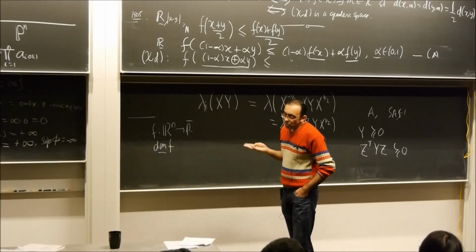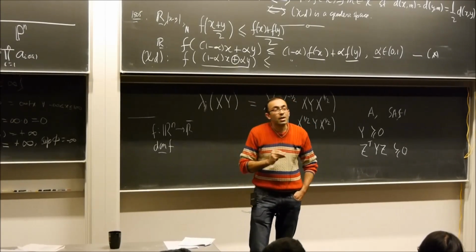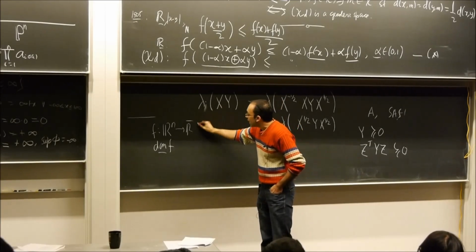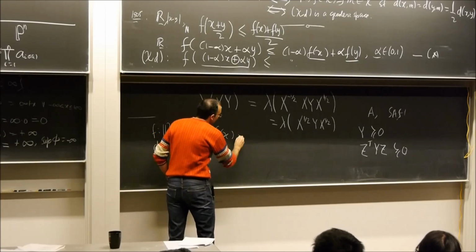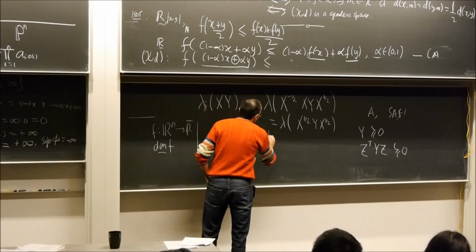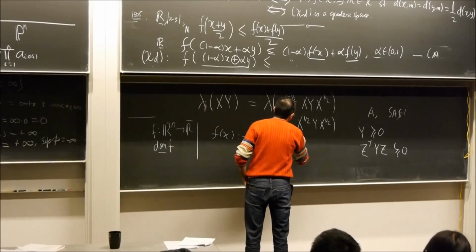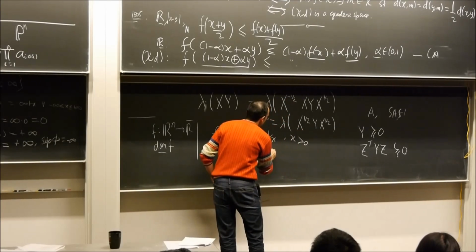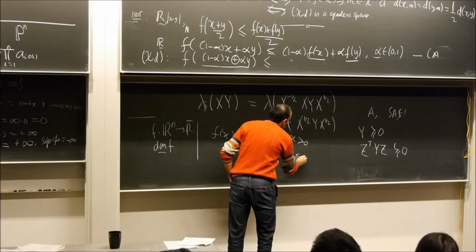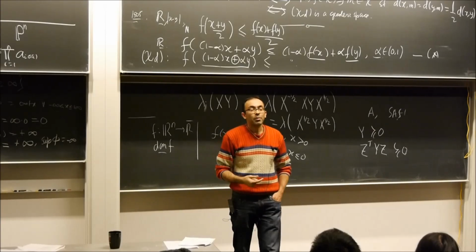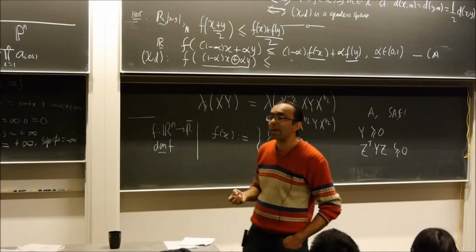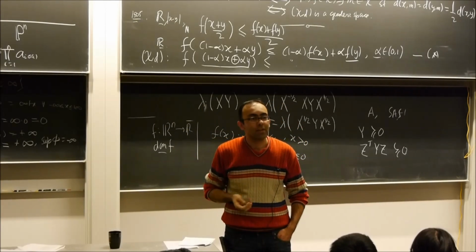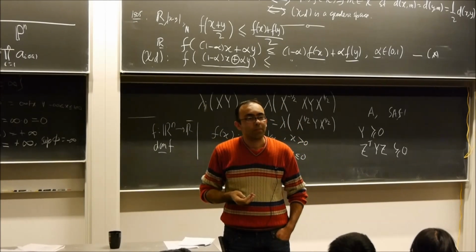It's a reasonable convention, but an important one because it allows us to write the following: f of x equals 1 by x, and plus infinity otherwise. So 1 by x is now, by this definition, convex on the entire real line.